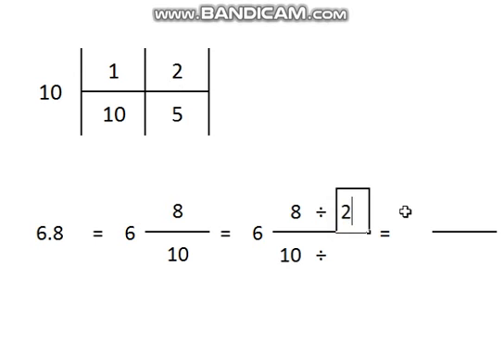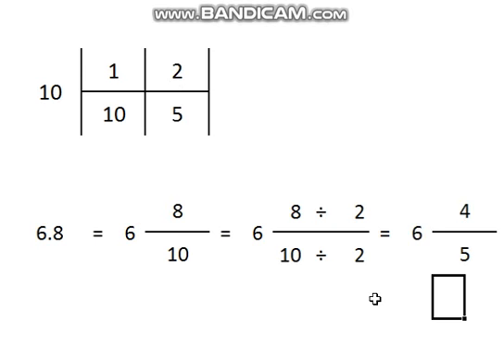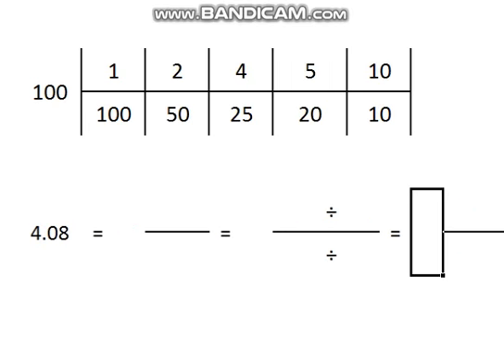So we just use the 2 over here. We copy the 6, the whole number, and then 8 divided by 2 is 4, and 10 divided by 2 is 5. Okay, so this is how to convert this decimal.